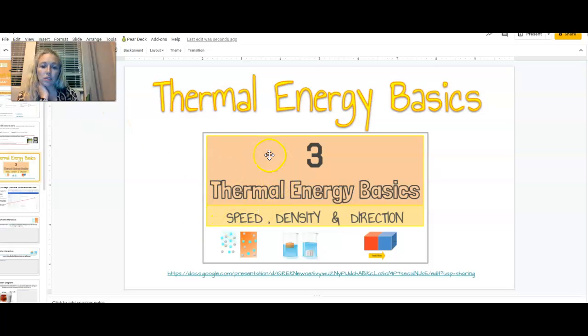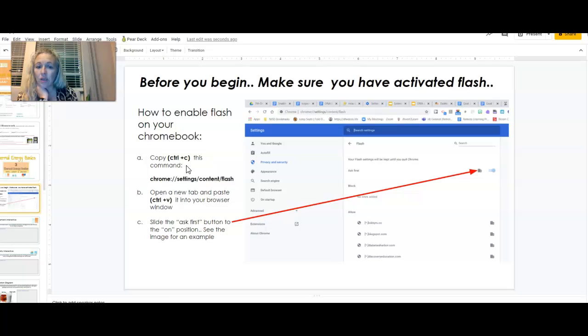These are the notes we just looked at. So those 3 slides, if you need to reference those again. In order to do today's activities in the boss, you are going to make sure that you have Flash activated. I've had you guys use Flash before, so most of you should have Flash activated. But just in case the interactives aren't working, these are the instructions on how to get those working.